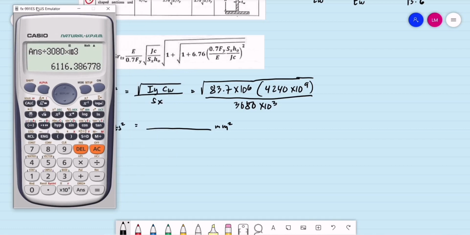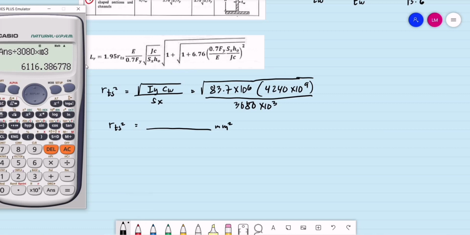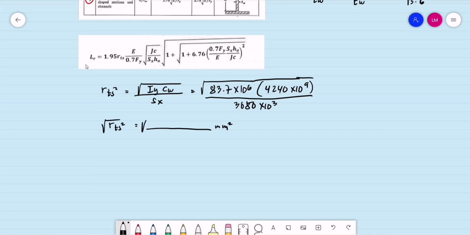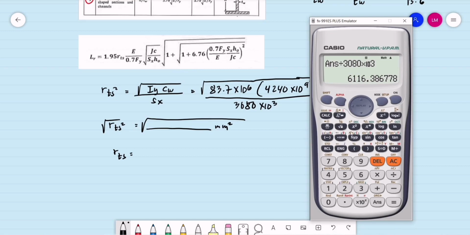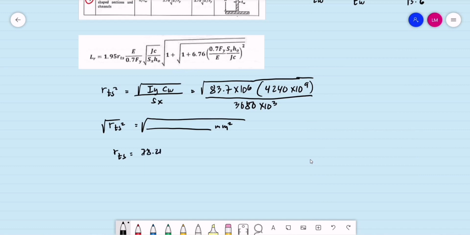This is again in terms of square millimeters. If we take the square root of both sides of our equation, we'll have the equivalent of the R sub TS. From our calculator, we just take the square root of that value, 78.21. So the value of the R sub TS is 78.21 millimeters.